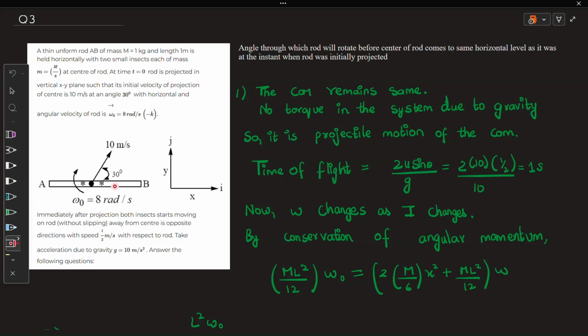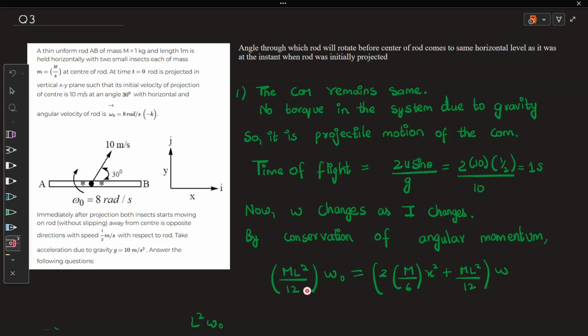So we have to write an equation of omega with respect to time, because this distance changes with time as it moves with constant speed. So let's write the equation.